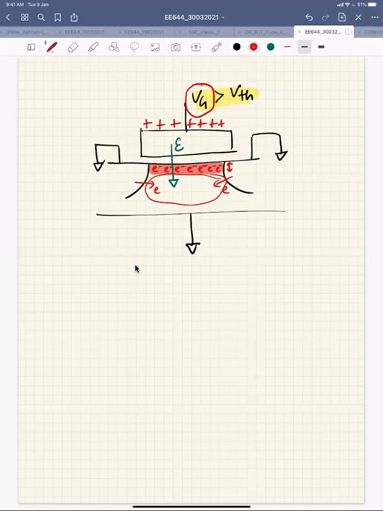But the point is, after inversion, when Vg is greater than Vt, even a little bit of change in Vg, even if there is a small change in psi s, the surface potential of silicon, that small change increases the number of electrons exponentially, right?